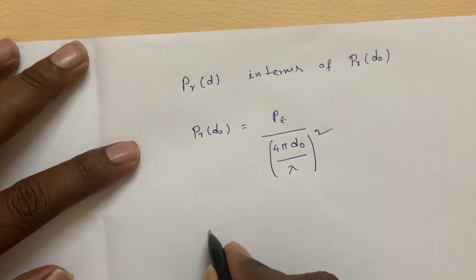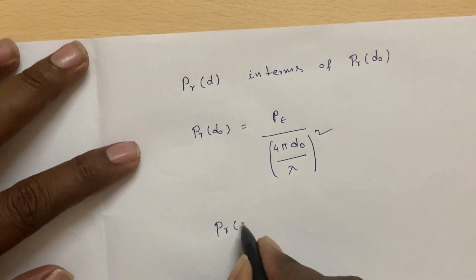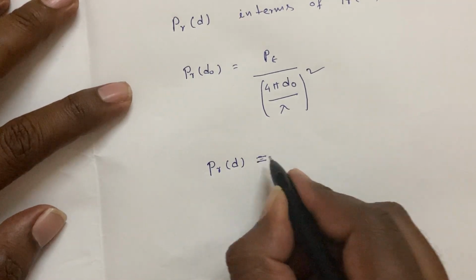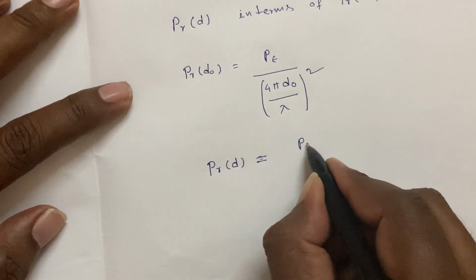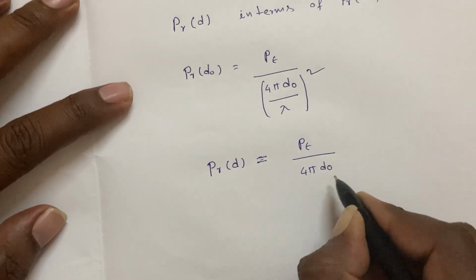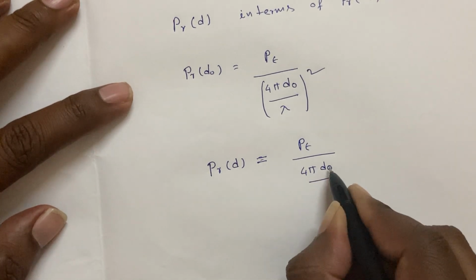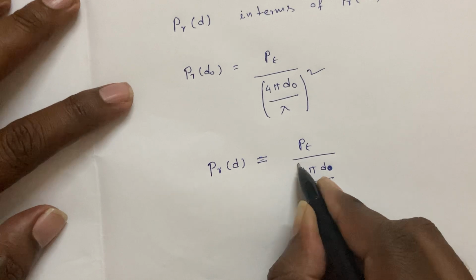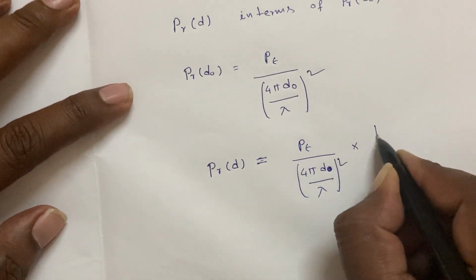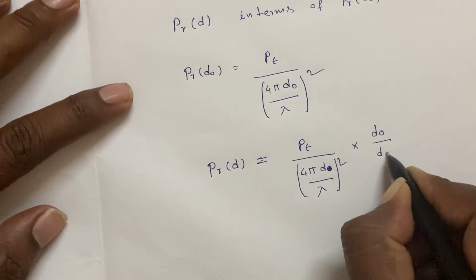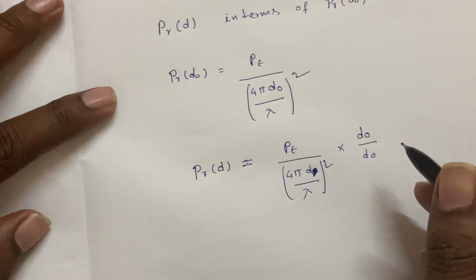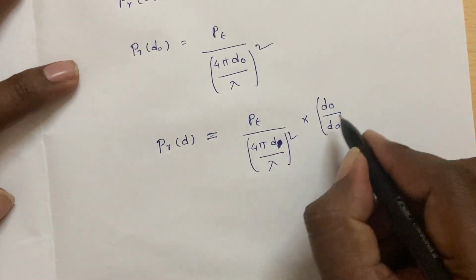Then you can write the general PR of d expression as PR of d is equal to PT by (4 pi d by lambda) whole square. We can write this as multiplying and dividing by d naught: PT by (4 pi d naught by lambda) whole square times (d naught by d) whole square.